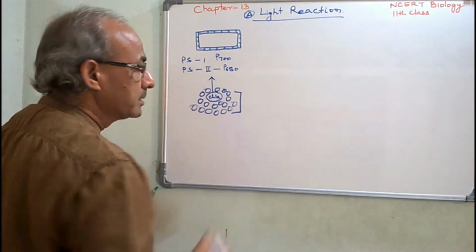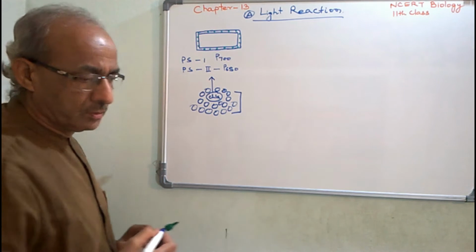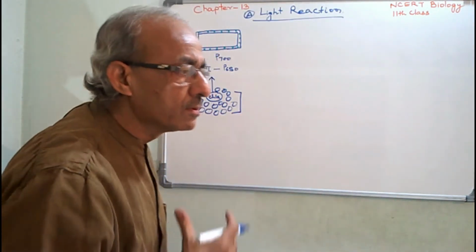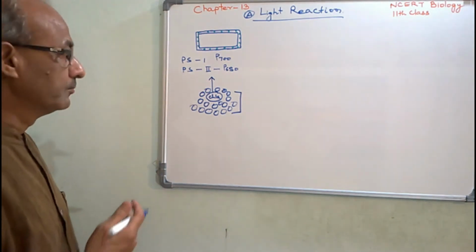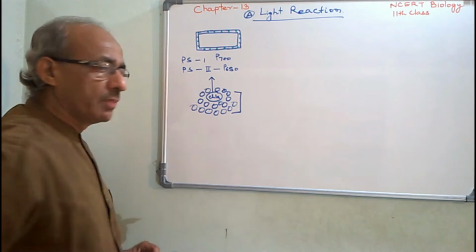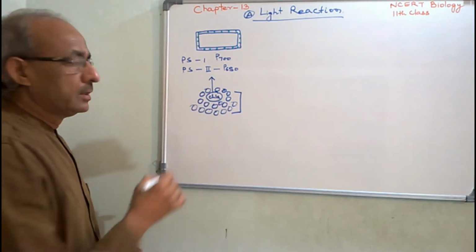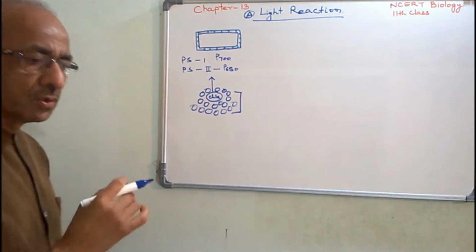So they are called accessory pigments. Apart from the absorption of different wavelengths of the light, these accessory pigments also save the chlorophyll A reaction center from photooxidation.